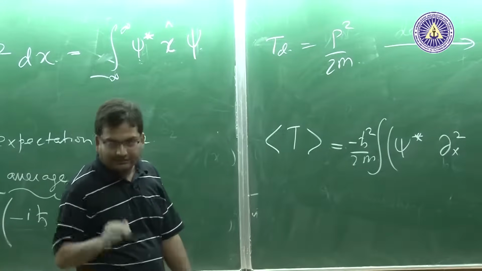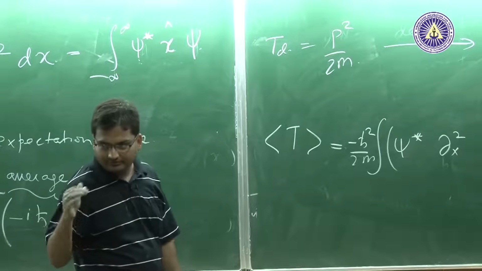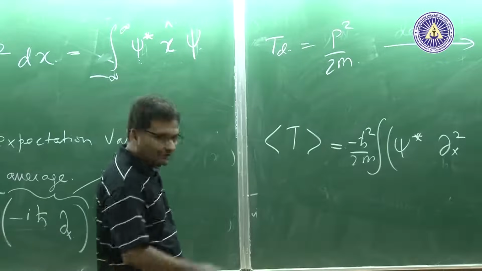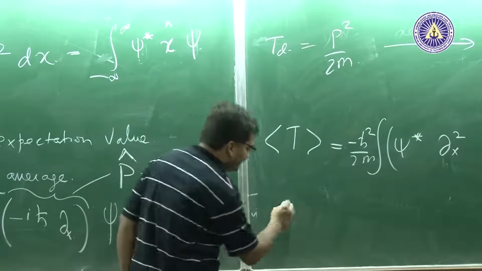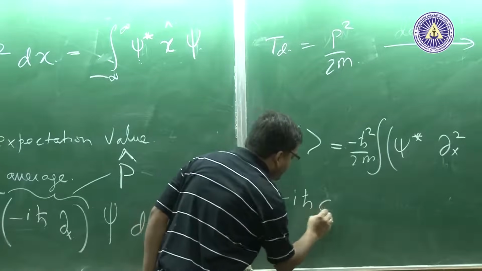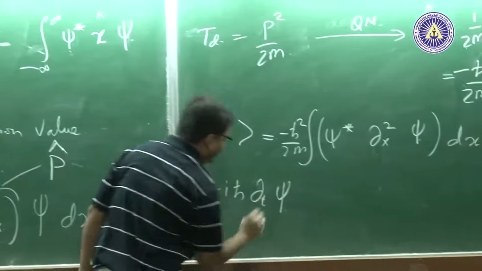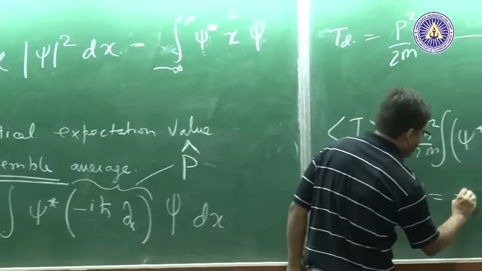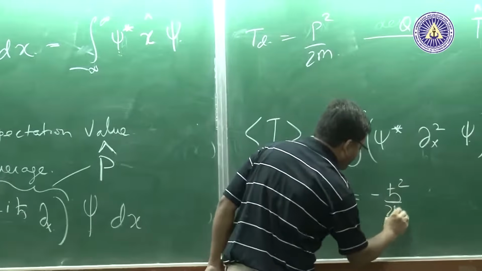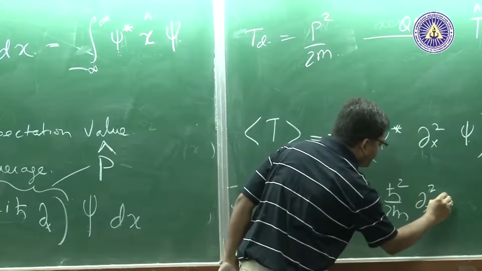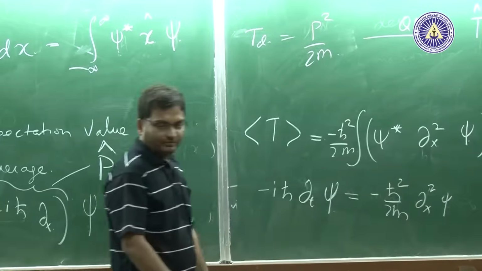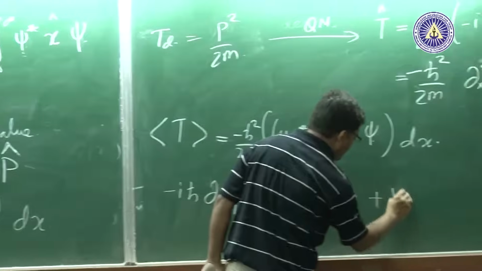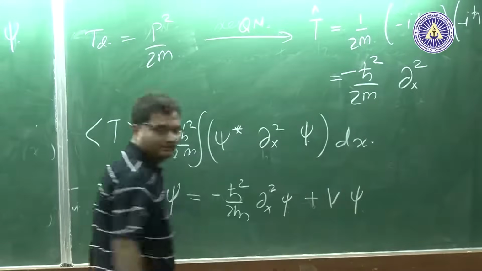Now, since our time is up, let me come back to one final repetition point. Our Schrodinger equation, if you remember, was i h bar dou t of psi is equal to minus h square by 2m dou 2 x of psi plus V psi.